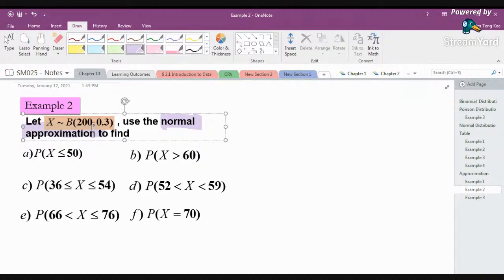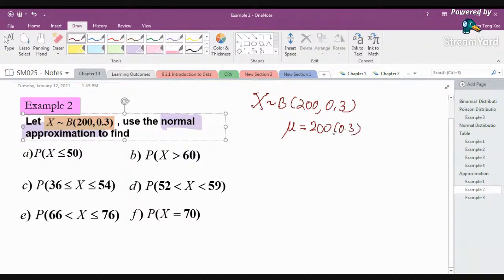So therefore, in this case, from the binomial distribution, 200 at 0.3, we know that we want to do approximations. So we just calculate the mean for the normal distribution. 200 multiply 0.3 for the mu, n times p. So we have the result equals 60.